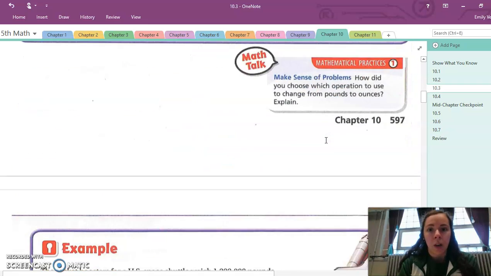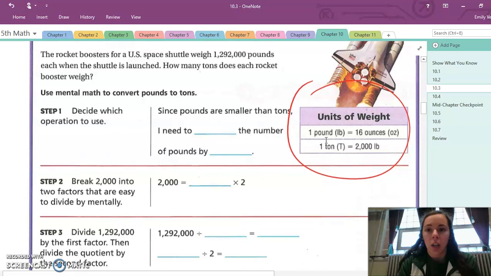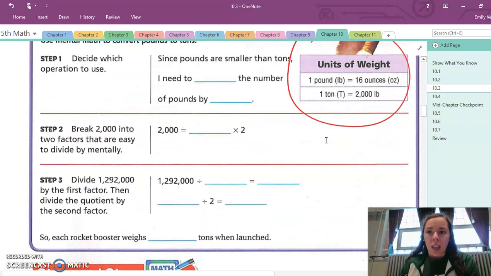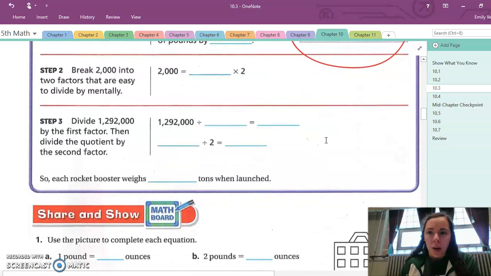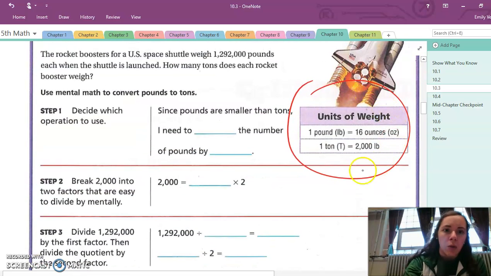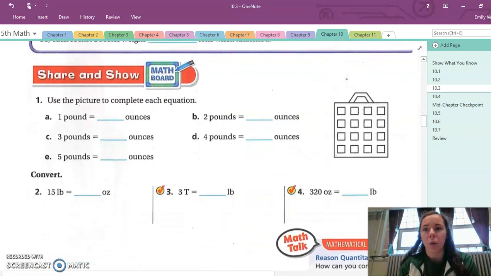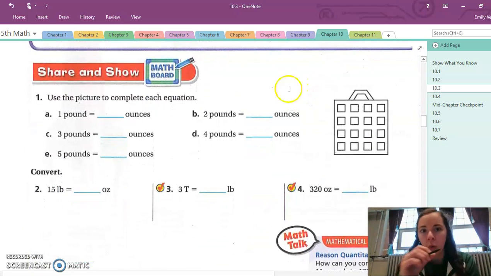Alrighty. Let's go on to the next page here. I think the only thing we need to worry about right now is this table that we already looked at a little bit. Let's go down to number 1. Okay.